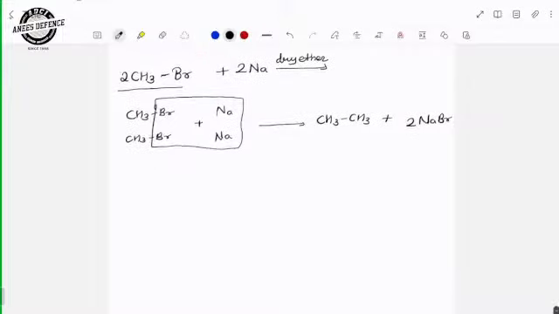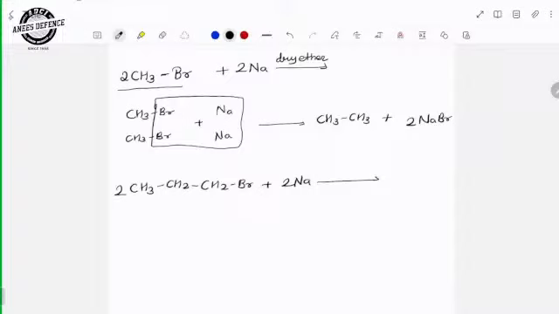For example, if you are taking 2 moles of propyl halide, CH3CH2CH2Br, and you're treating with 2 moles of sodium and dry ether.